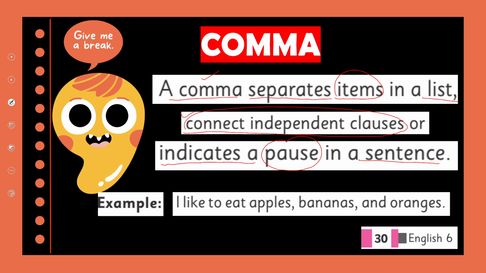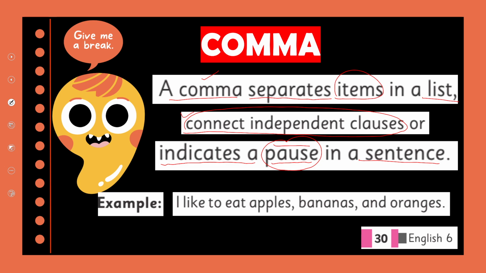And also if there's a pause in your speaking or in your writing. So when you are pausing in between in the sentence to tell something more, or just a general pause, you will be using a comma.